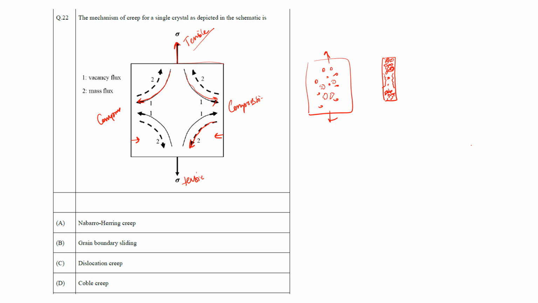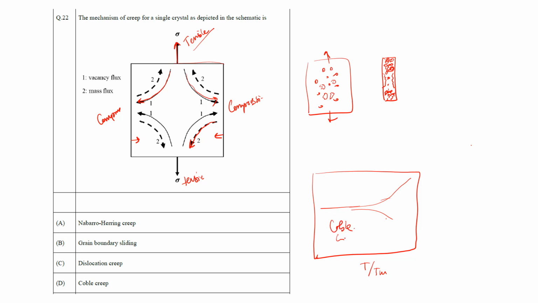You can think here, and remember the creep diagram, which is related to temperature, right? Like T by Tm, something like this. We have Coble creep, which happens at slightly lower temperature.